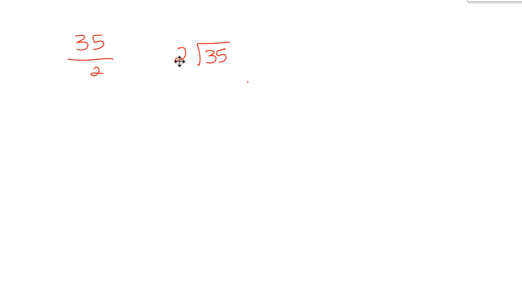And you said, okay, 2 goes into 3 one time, so you wrote that up top. 1 times 2 is 2, you write that below, and you subtract. So 3 minus 2 is 1. Bring down the 5 and you get 15. And then you start the whole process over again. 2 goes into 15 7 times. 7 times 2 is 14. You write that below, subtract. And then this guy right here is called the remainder.